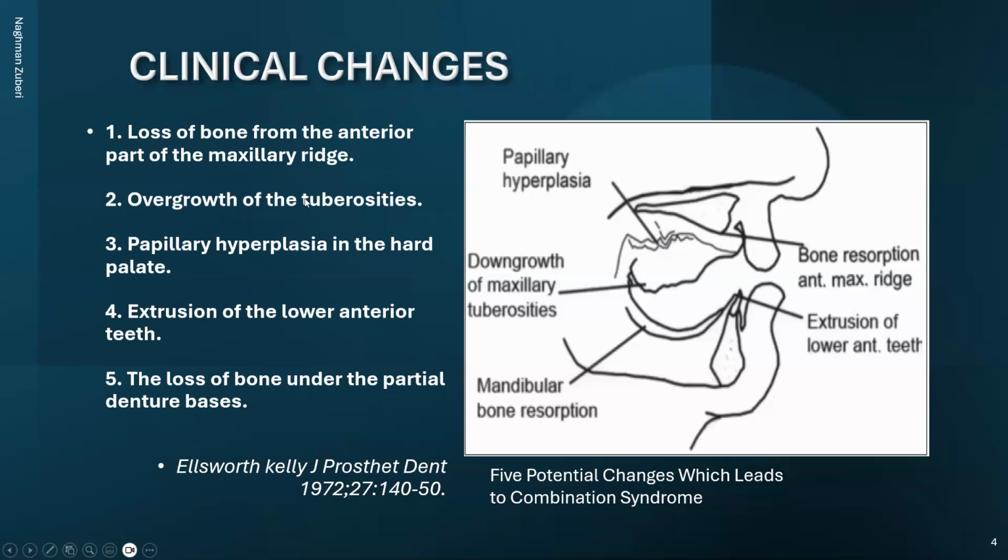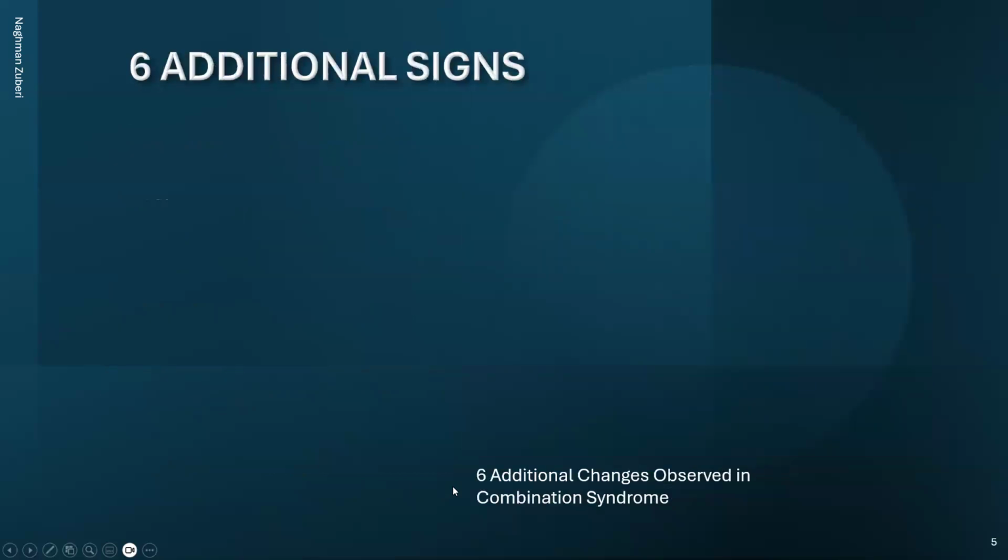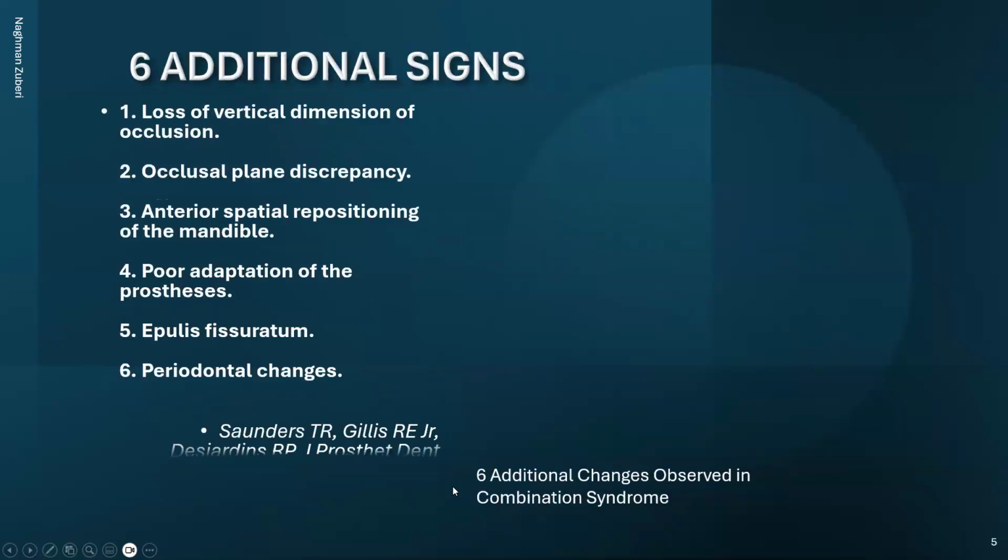These were the 5 changes mentioned by Ellsworth Kelly in his original article in the Journal of Prosthetic Dentistry. And that is what he named the combination syndrome. Well, later, there were 3 other scientists in 1979, in the same journal, the Journal of Prosthetic Dentistry.